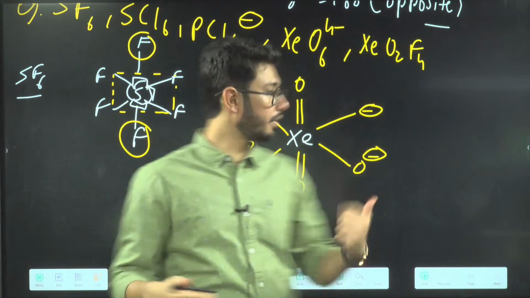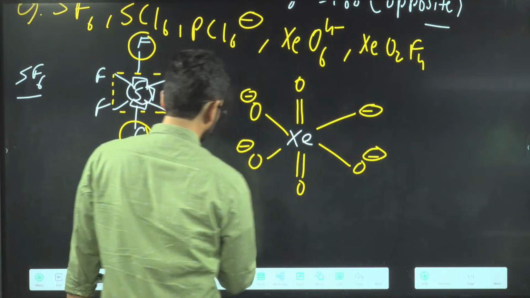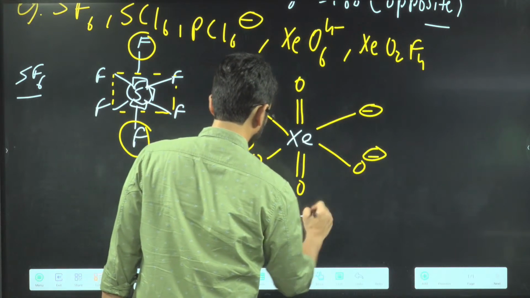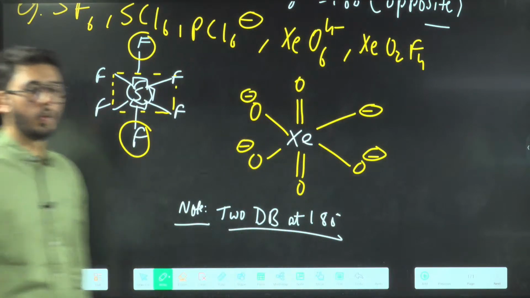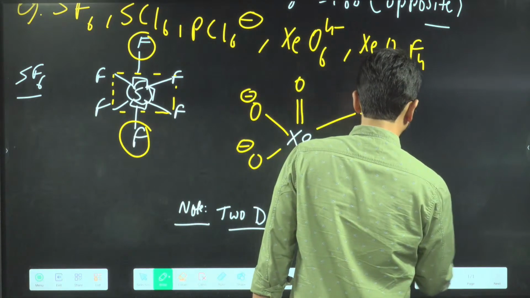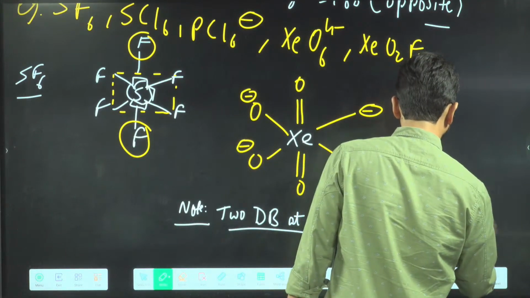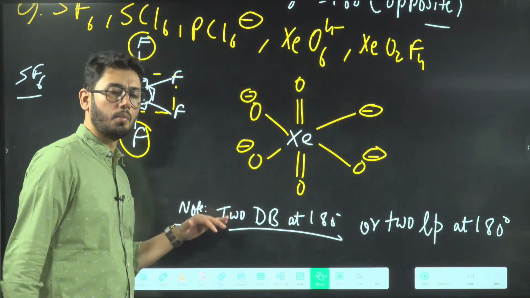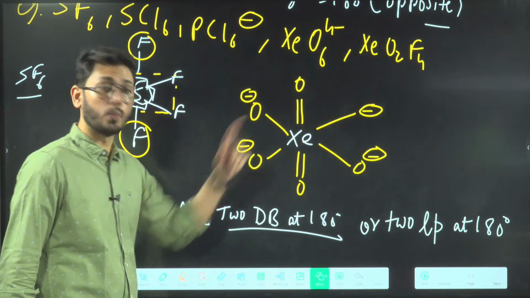So you can write here one important point also. Two double bonds at which angle? 180 degree, or 2 lone pairs at 180 degree. Or if one lone pair and one double bond are coming, they also create more repulsion, so they should also be at 180 degree.